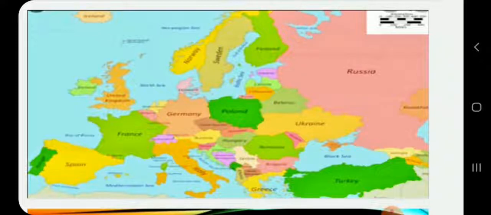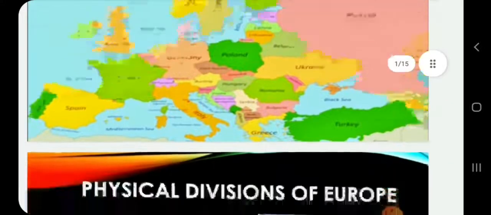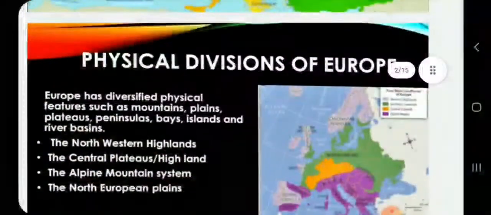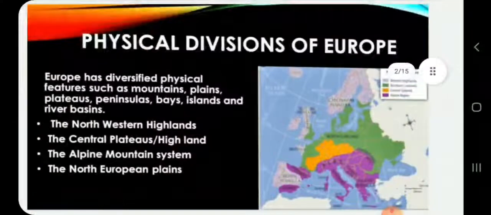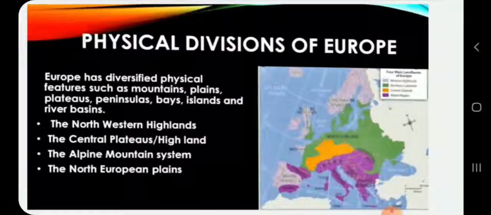Okay, and first of all, the physical division of Europe. Europe has diversified physical features such as mountains, plains, plateaus, peninsulas, bays, highlands, and river basins.